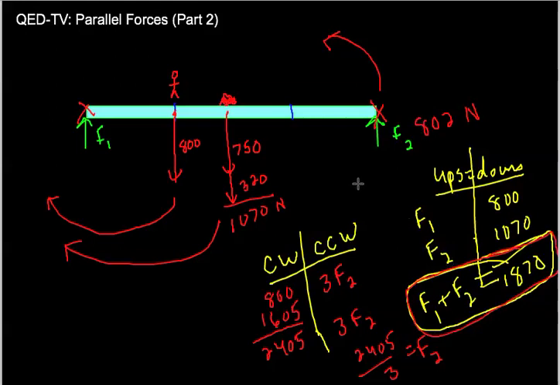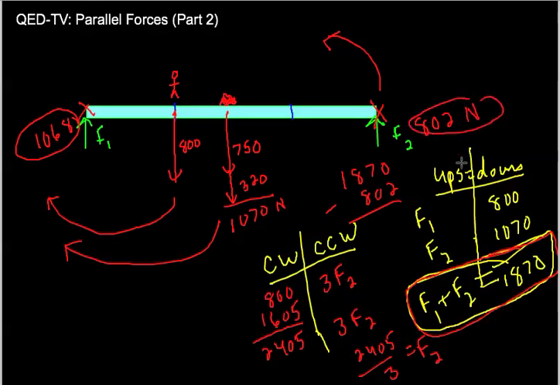So to figure out F1, all I should have to do is take 1870 minus 802. And then you'll see your F1 is about 1068 newtons. That makes sense because the man is closer to F1, so F1 needs to be bigger than the force supporting the other end at F2.